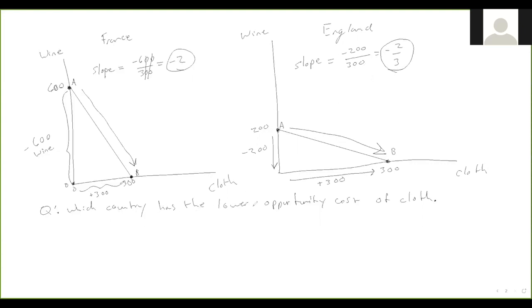So which country has the lowest opportunity cost of cloth? We have both slopes calculated, and it's clear that England has the lower opportunity cost. It only costs 2/3 of a bottle of wine to gain a yard of cloth, whereas in France we have to give up 2 bottles of wine to gain a yard of cloth.